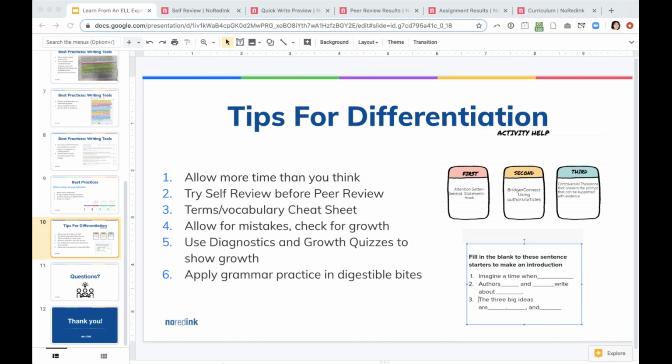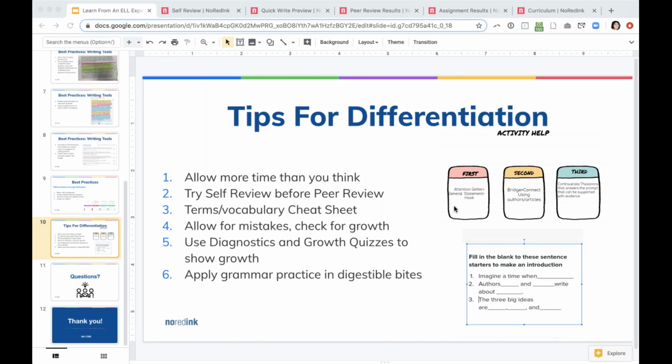And then right above that, that's something I had projected on my screen. Some of the terms that NoRedInk uses are not exactly the terms that I use in my classroom. For example, I use the term general statement to start them off. NoRedInk uses the term hook or attention grabber.